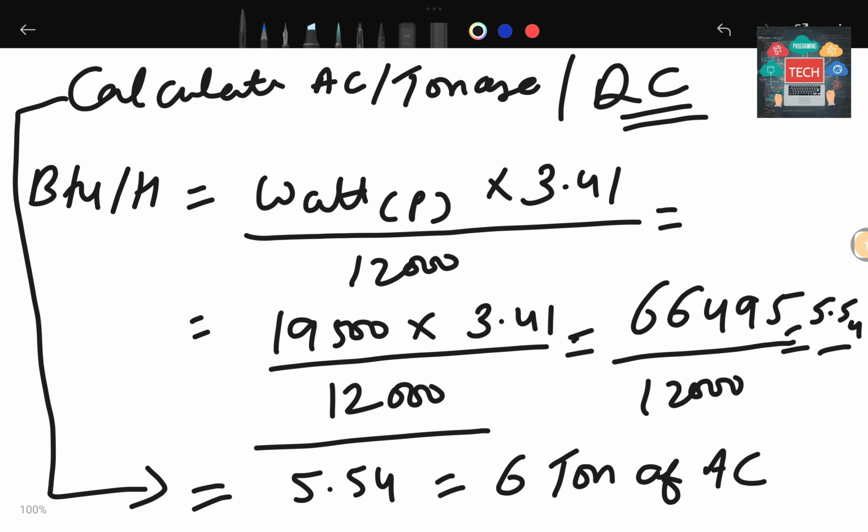You will get the tonnage of AC required in the data center to run the cooling capacity.